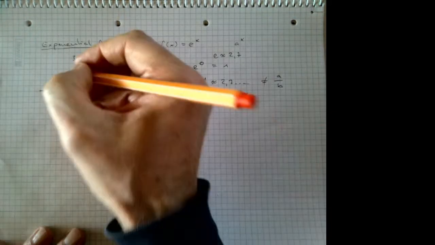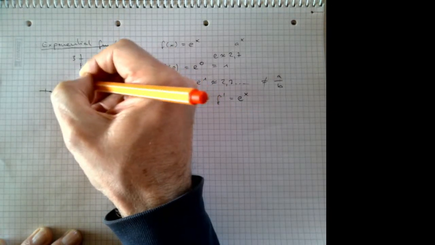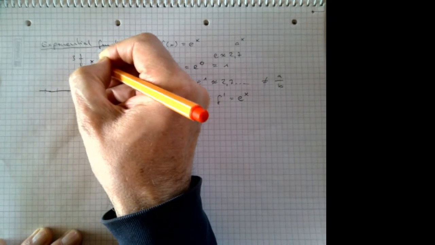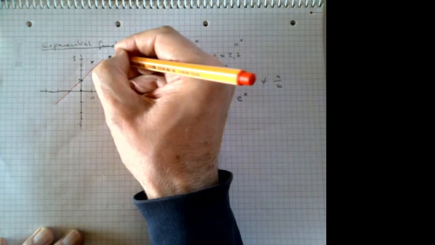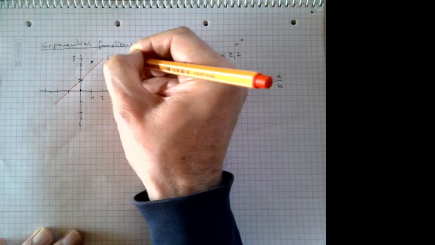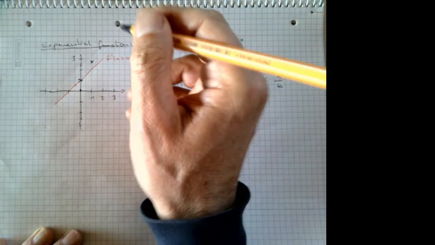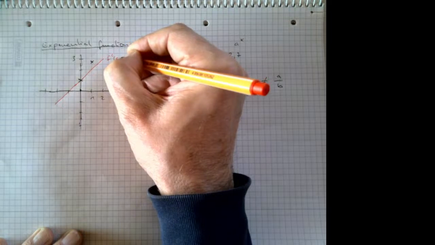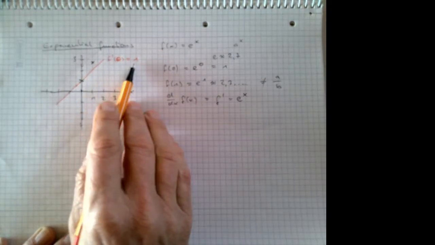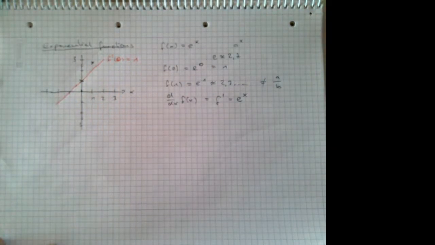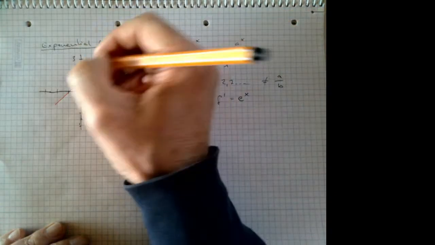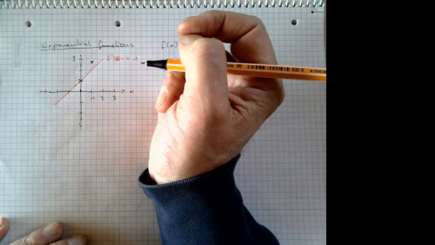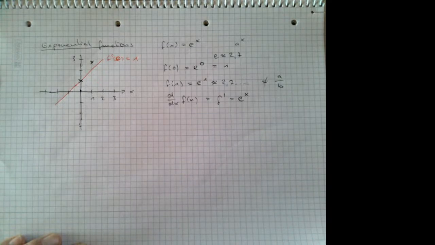So how does that look like? The slope of 1 looks like this, right? This is f prime of x, at 0 basically. F prime evaluated at 0 is 1. Okay, let's go on.